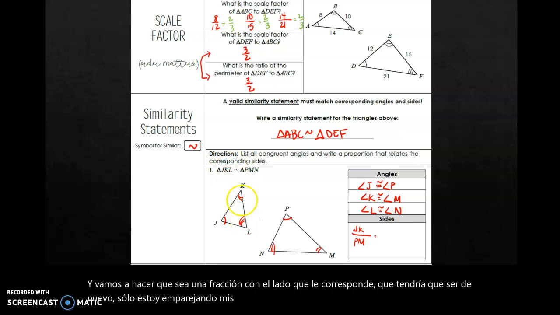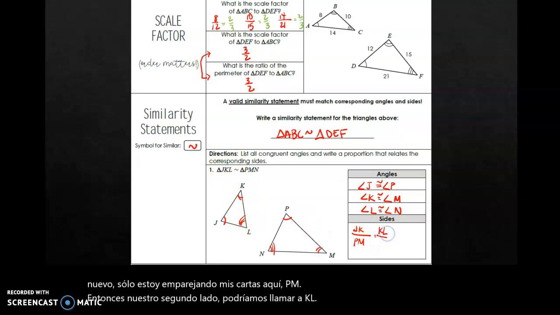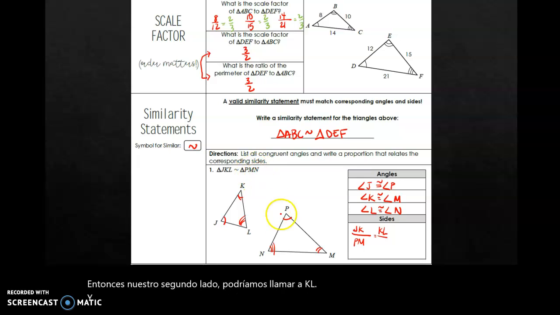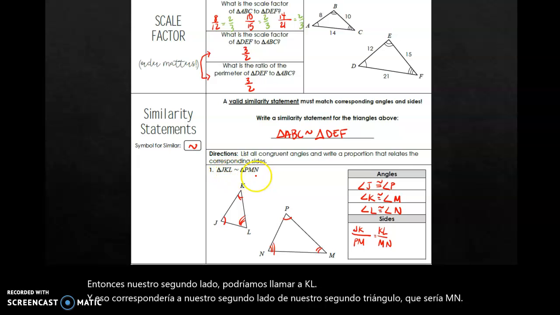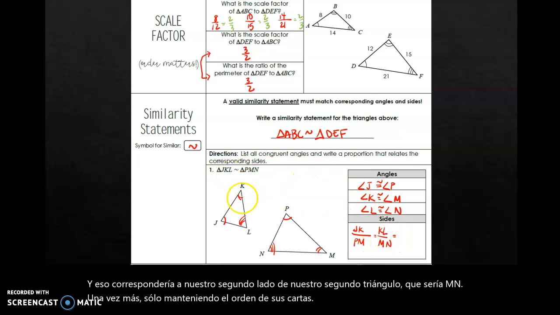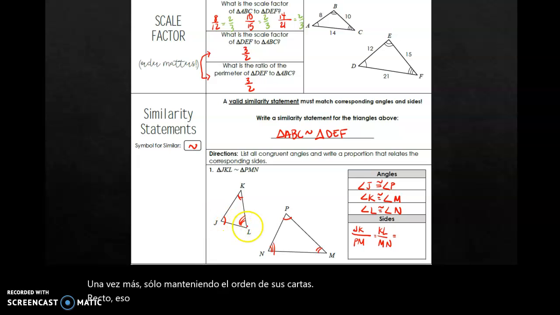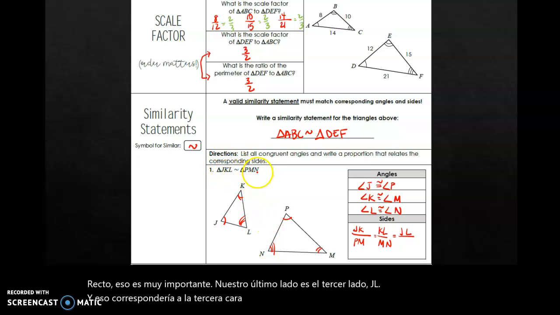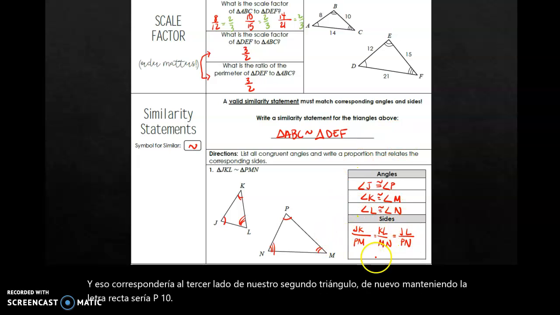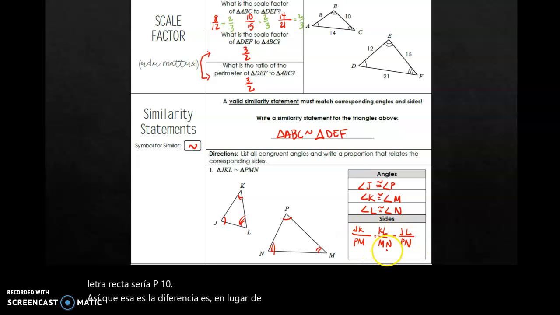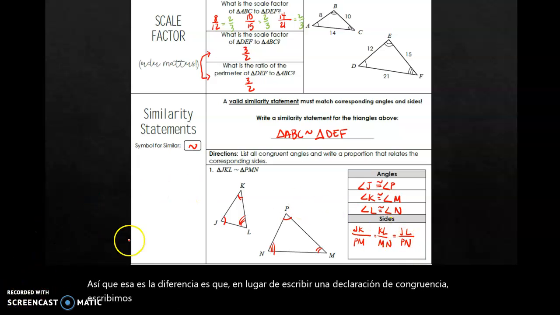Our second side we could call KL, and that would correspond to MN. Again, keeping the order of your letters straight is really important. Our last side is JL, and that would correspond to PN. So that's the difference: instead of writing a congruency statement, we write a proportion comparing all of our pairs of matching sides.